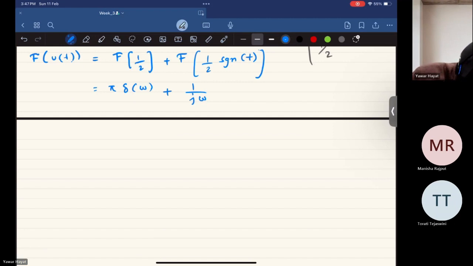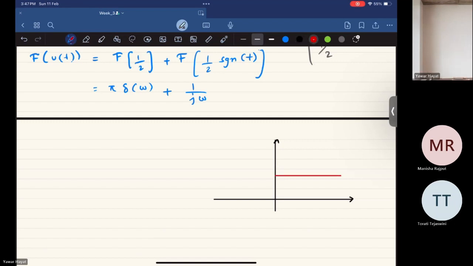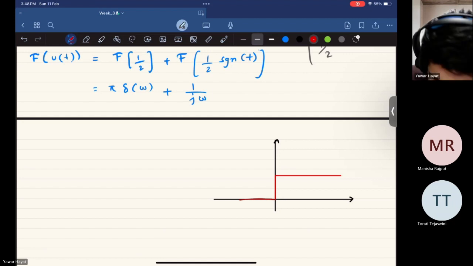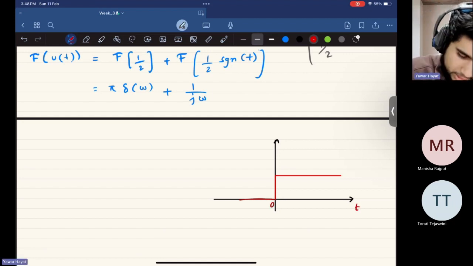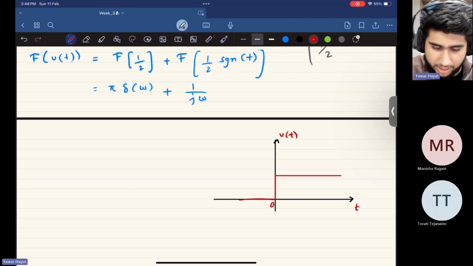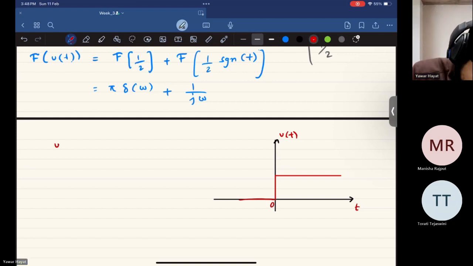Manipulation like this. This is u of t. What if I multiply u of t by e to the power minus ct?